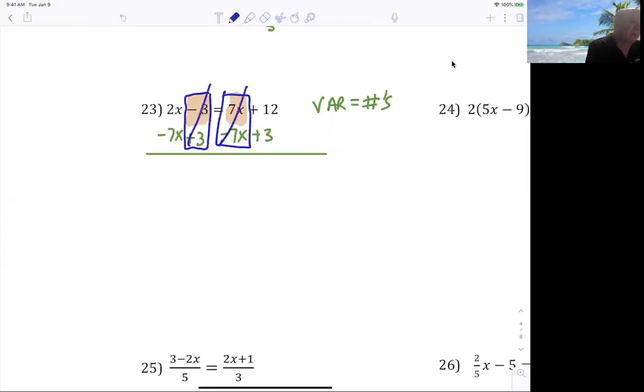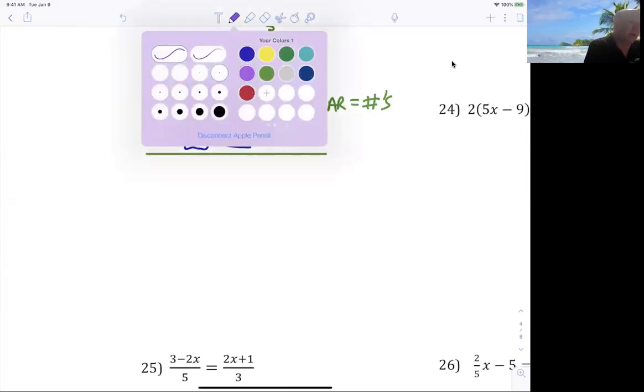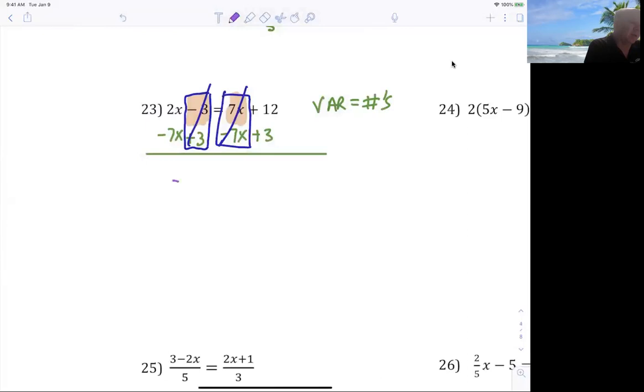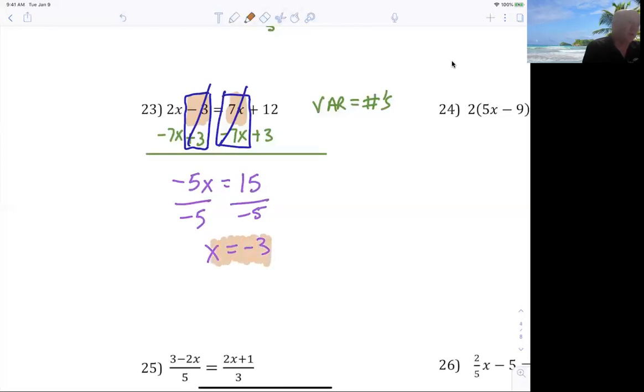And now we've moved them into the right spot. So I have 2x minus 7x, -5x. Combining the 12 and the 3, 15. Divide both sides by -5. So x equals -3. Another really good review problem. Please go back, double check everything. You should be getting a little better as I go down the page.